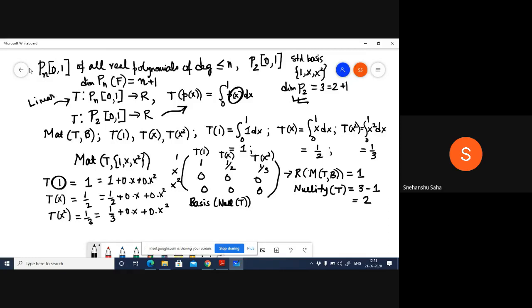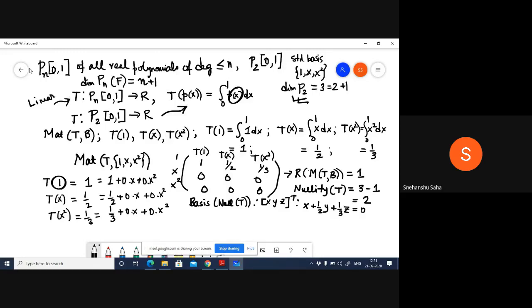You can choose a column vector x, y, z transpose. If you operate this matrix on this column vector and set it equal to 0, which is the definition of null space, you get x plus 1/2 y plus 1/3 z equal to 0.